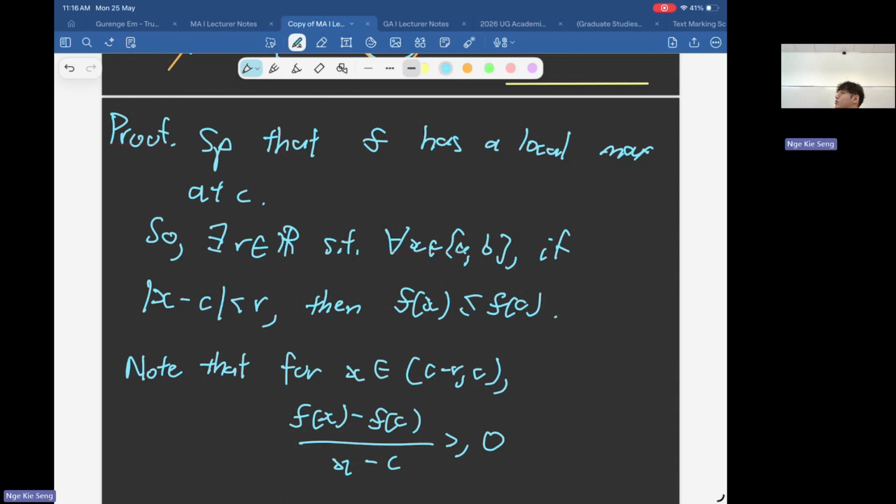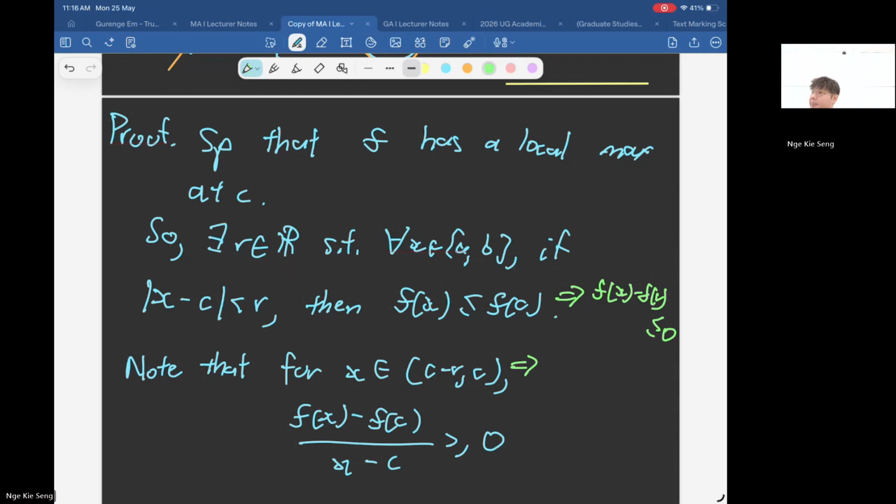Because f(c) is a local max, f(c) should be greater than or equal to f(x). So f(x) minus f(c) should be less than or equal to 0.